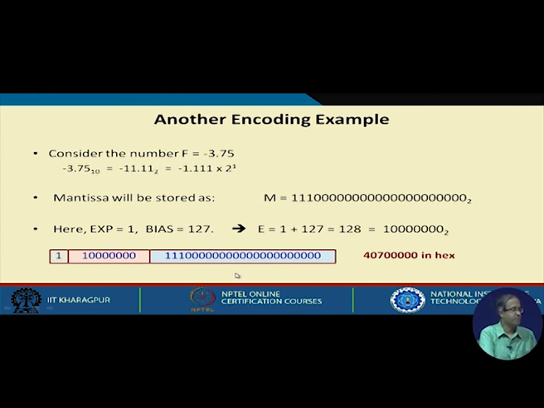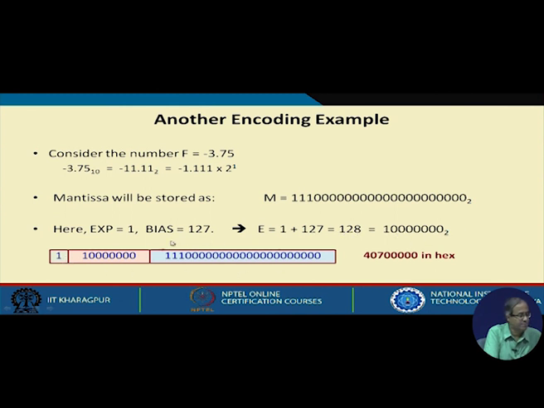Let us take another example where the number is negative, minus 3.75, which in binary you can write like this, and if you express it in normalized form, pushing the decimal point here, it becomes like this. We will be storing the mantissa as only this 111, the leading 1 we do not store, and the remaining zeros, and the exponent is 1; you add the bias, it becomes 128, which is this.